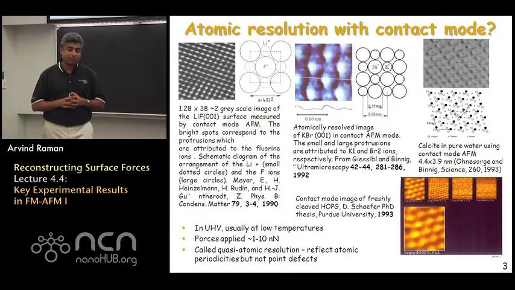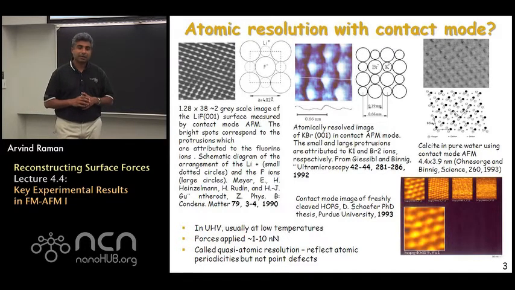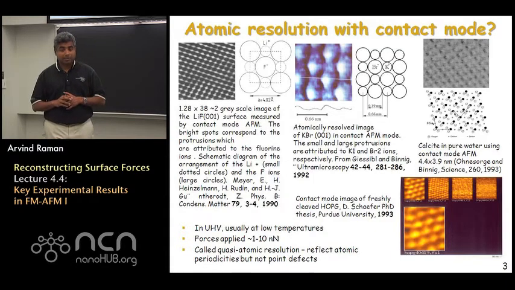Nonetheless, very soon after the invention of the atomic force microscope, just a few years after in fact, the first images where there was, let's say, clear atomic periodicity observed started coming out, and all those initial images that demonstrated atomic periodicity were actually based on contact mode AFM.